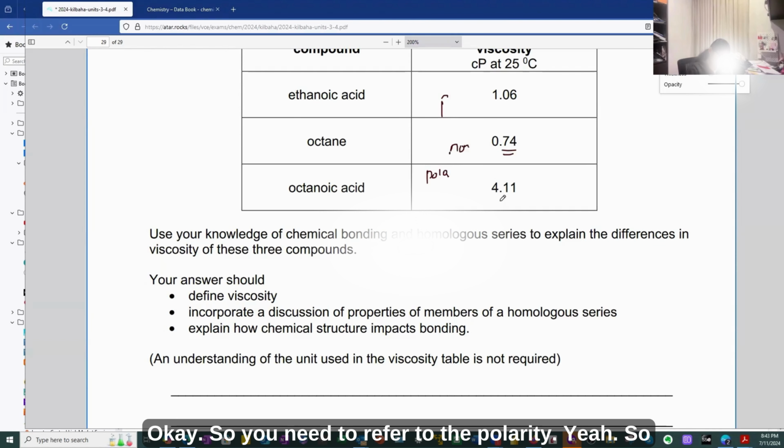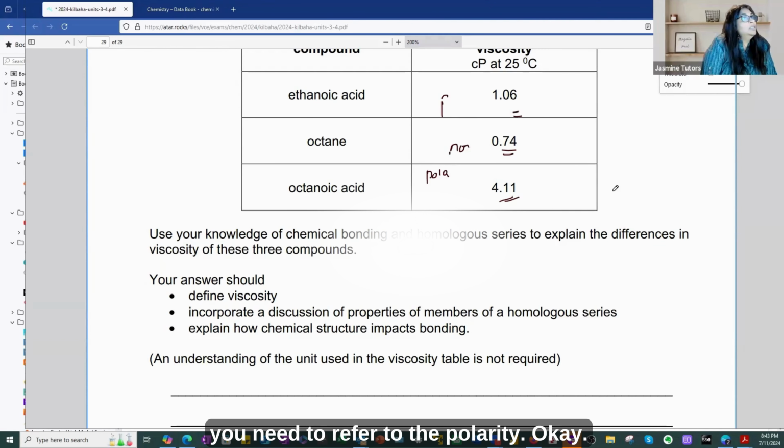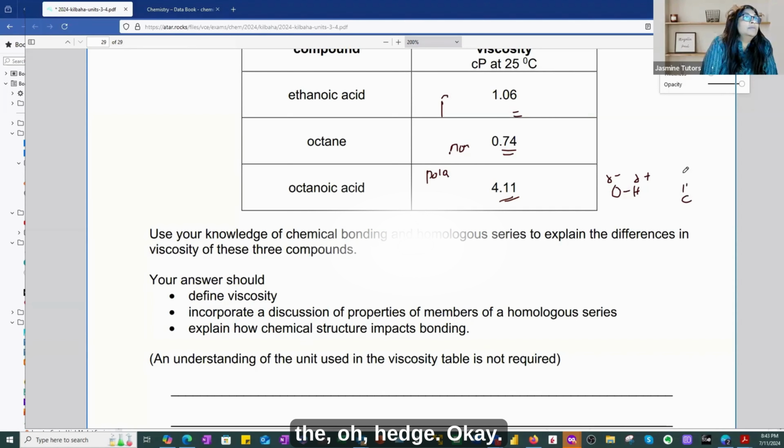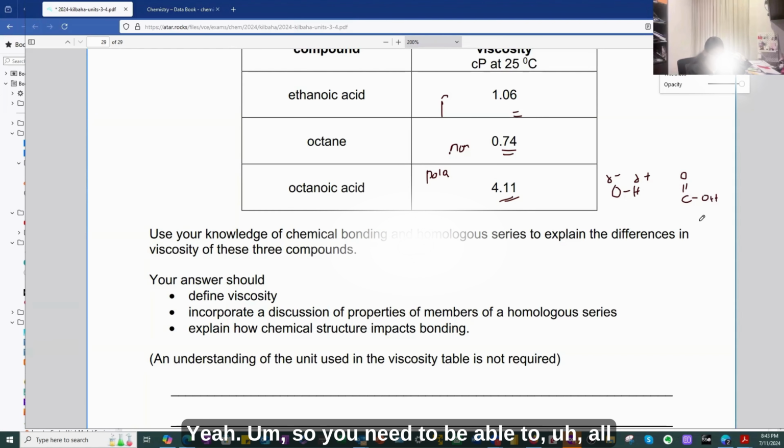So you need to refer to the polarity. Negative and positive, they're dipole-dipole bonds that form. Same with the OH.